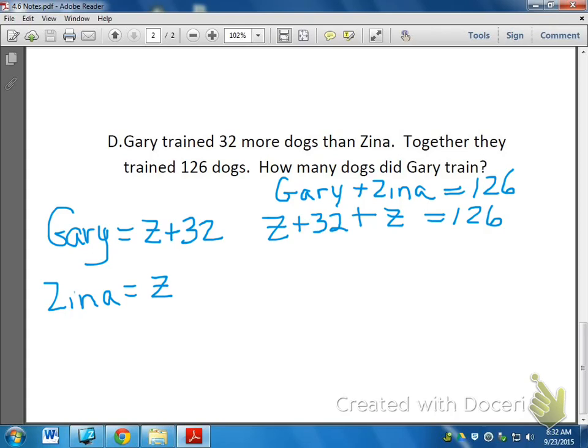So combine like terms. What like terms do I have? Z and Z. Which would be how much? 2Z. Good. 2Z plus 32 equals 126.